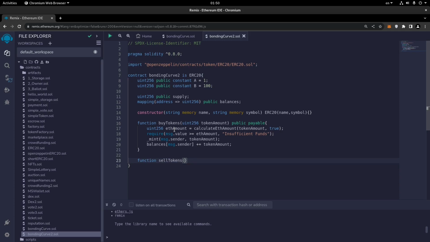So we'll get the uint256 amount again, the token amount. So it's a public and payable function.